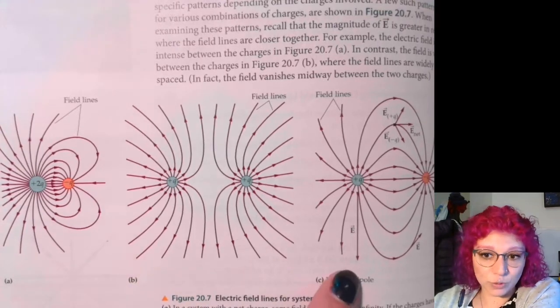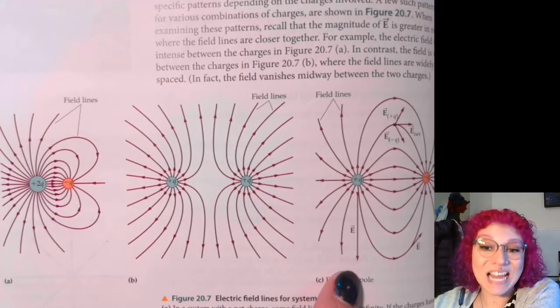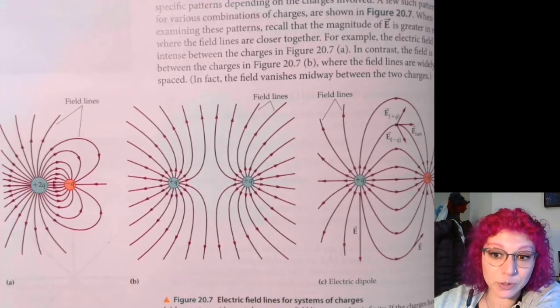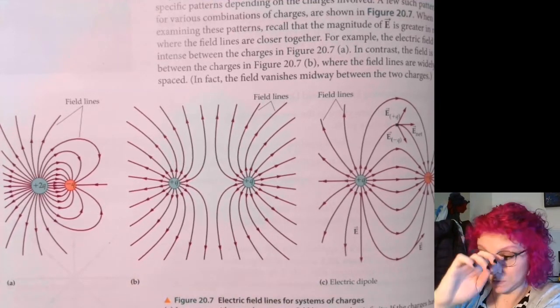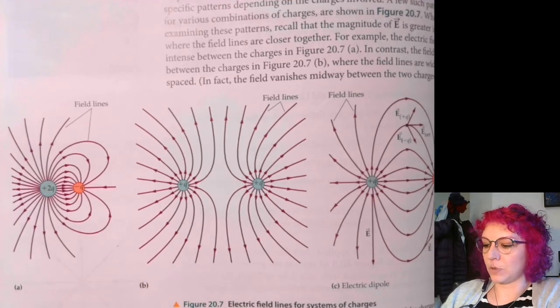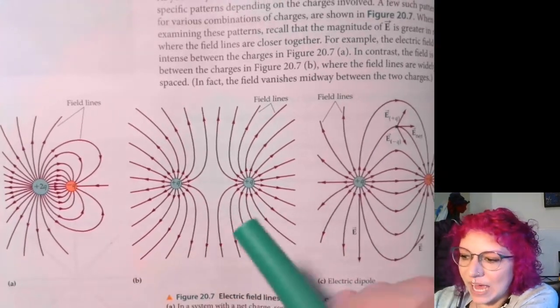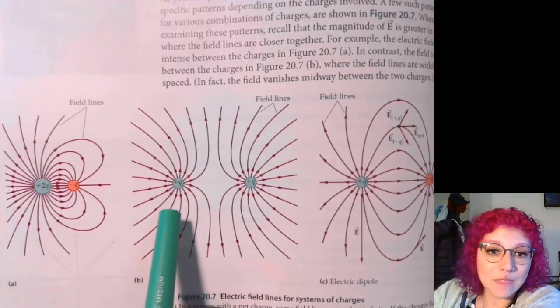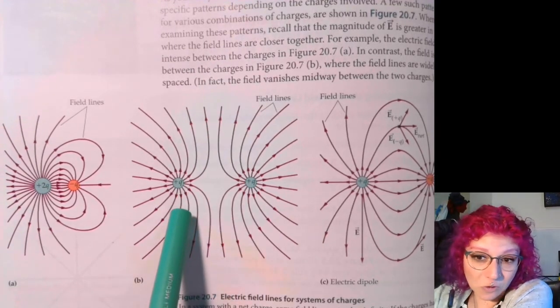In these examples, we are looking at two charges and how their electric fields interact with each other. For example, let's say we have two positive charges. We know that like charges repel.